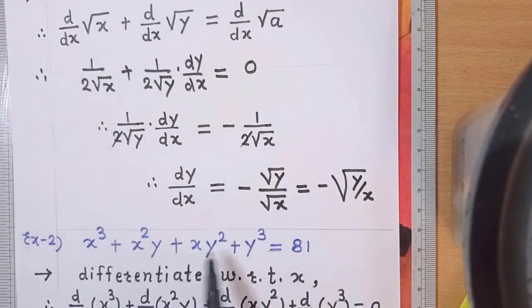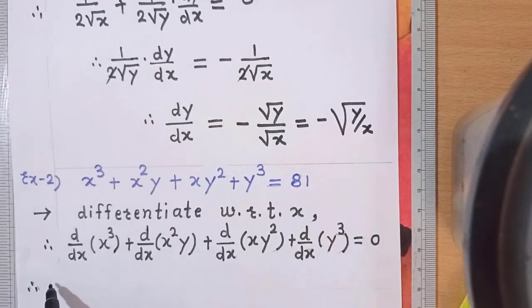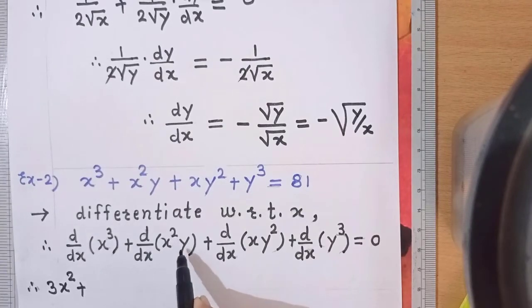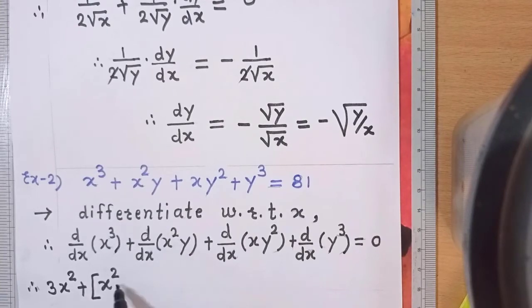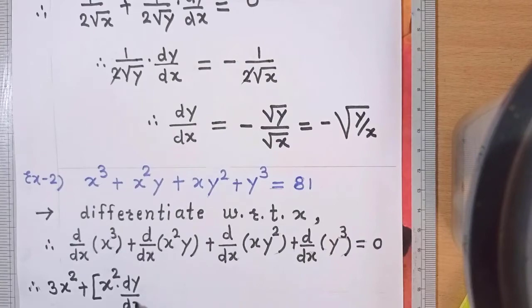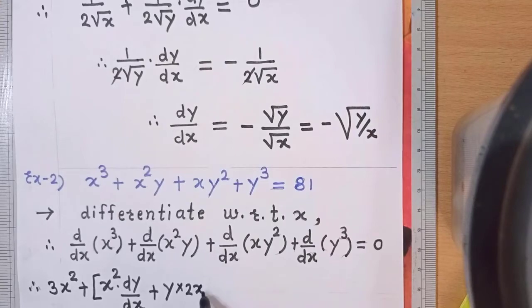Again there are 4 terms involving both the variables x and y. So here also we will differentiate and find the derivative of each term separately. Since 81 is constant, its derivative is 0. Now write down derivative of x cube. This is 3x square. Then this is a product of 2 terms, so use product rule. First term as it is, derivative of this is dy by dx, plus second term as it is, derivative of this is 2x.